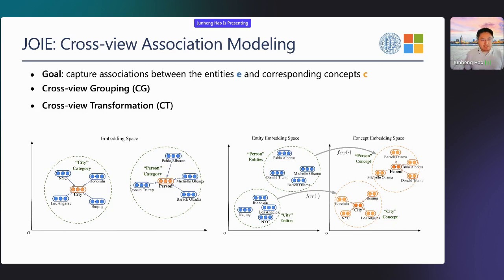We can directly look at the right side of this cross-view transformation, which has a neural layer of transformation defined from the instance embedding space, the entity embedding space, to the concept embedding space. After this transformation, the transformed embedding in the concept embedding space should be close to its associated types.